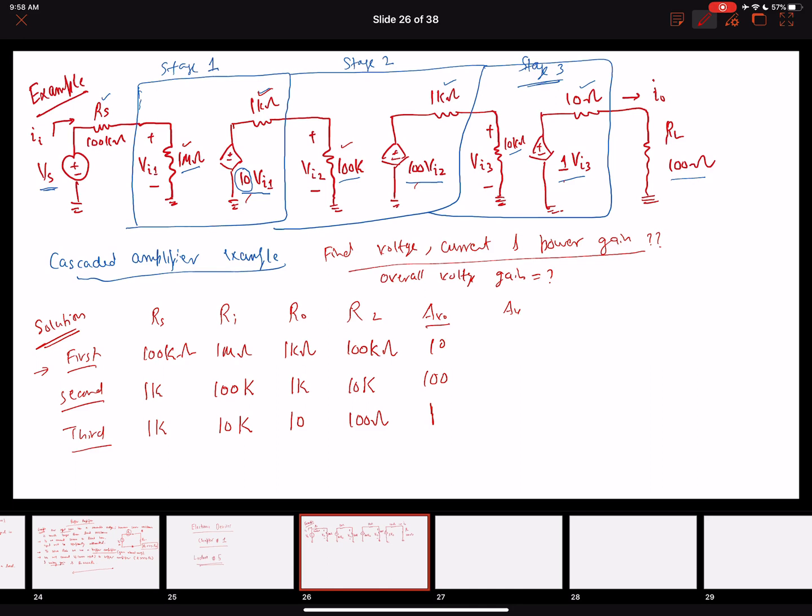If you remember, what is the formula for the voltage gain? We have AV naught times RL over RL plus R naught.